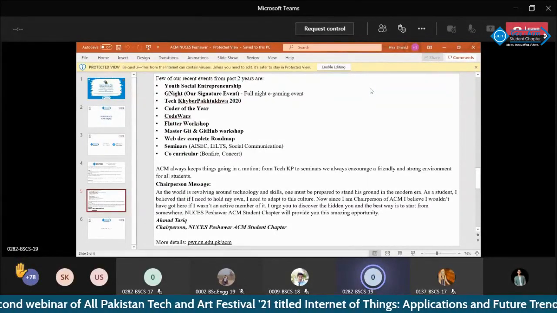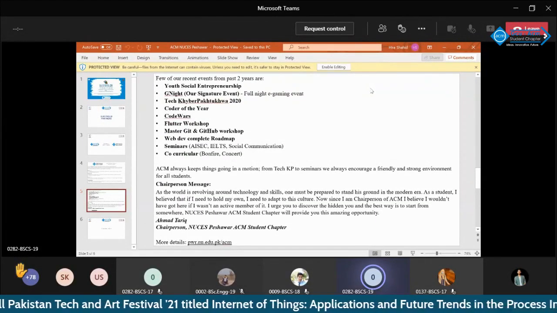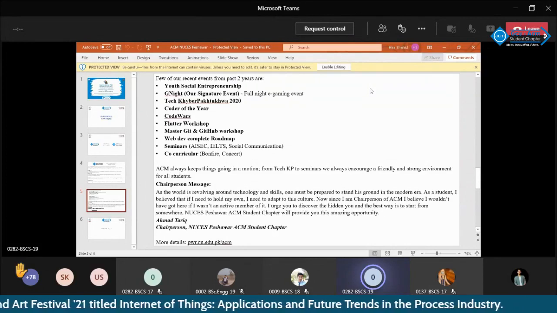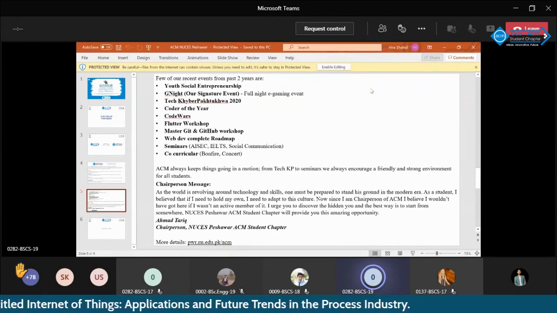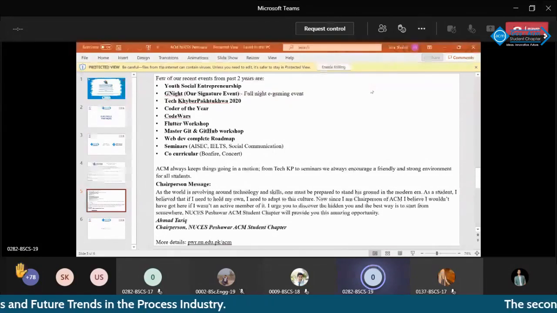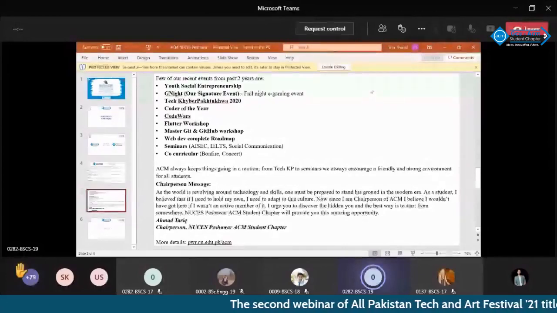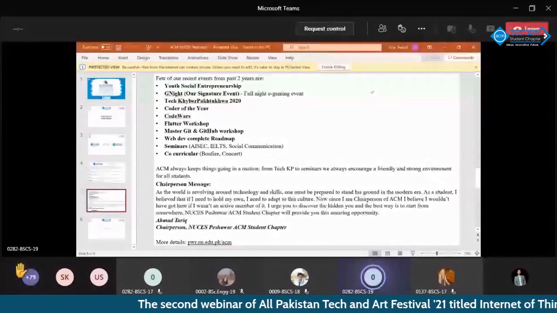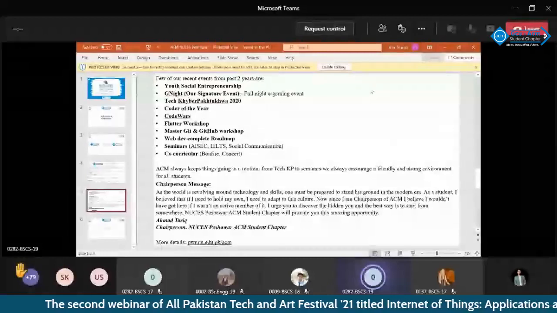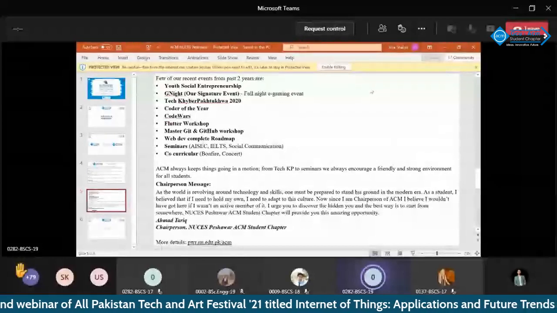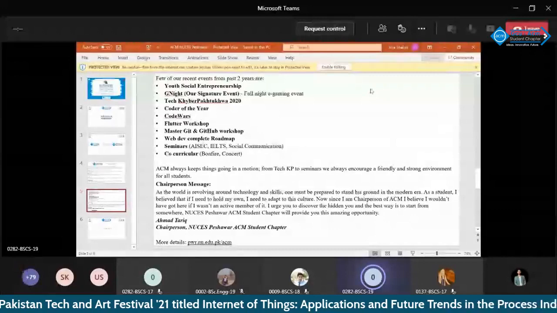Now, since I am chairperson of ACM, I believe I wouldn't have got here if I wasn't an active member. I urge you to discover the hidden you, and the best way is to start from somewhere. NUCES Peshawar ACM Student Chapter will provide you this amazing opportunity. Ahmed Tariq, Chairperson, NUCES Peshawar ACM Student Chapter.